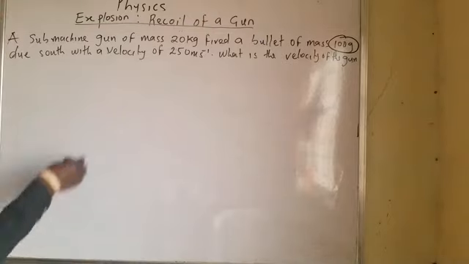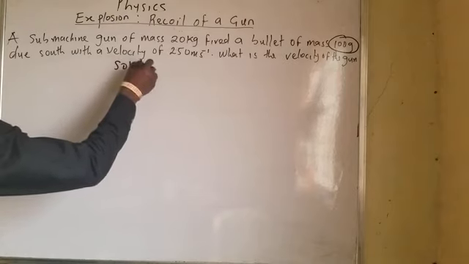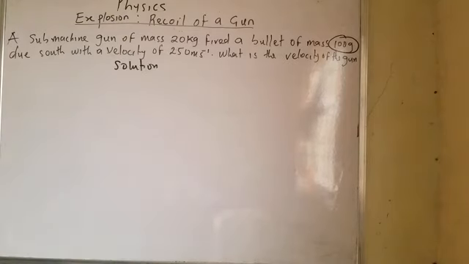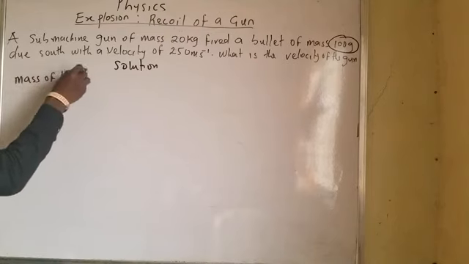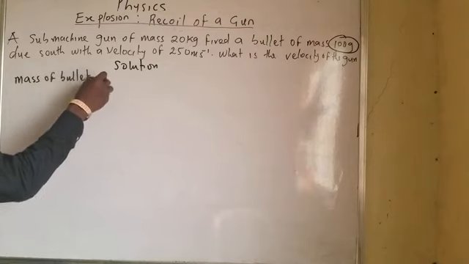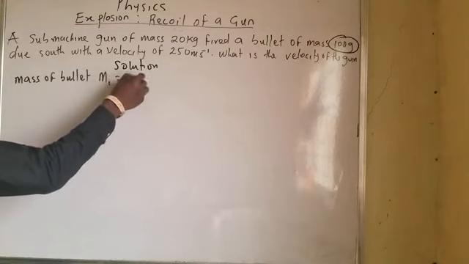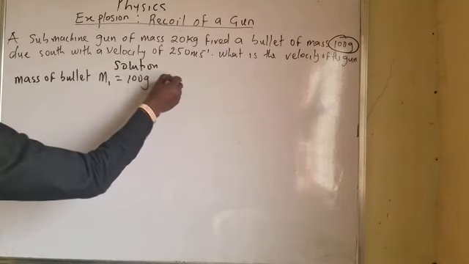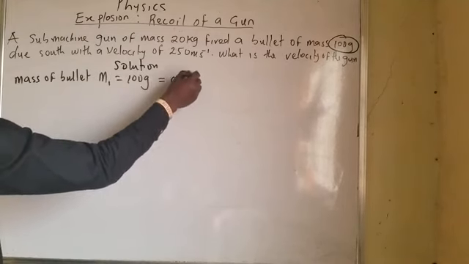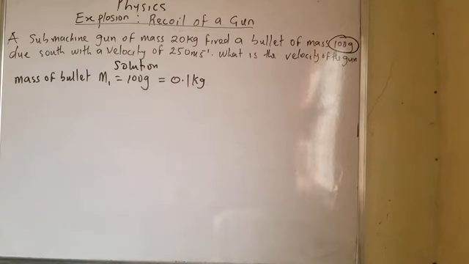To solve this problem is very simple. The first thing: mass of bullet, m1, equals 100 grams. Please convert this 100 grams to 0.1 kilogram. Very important.